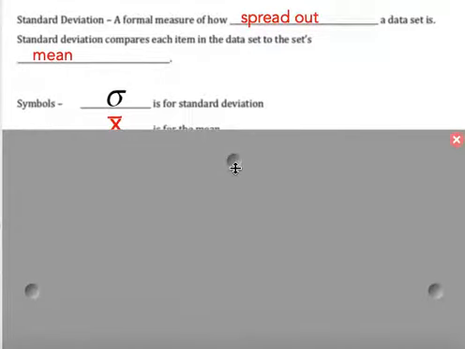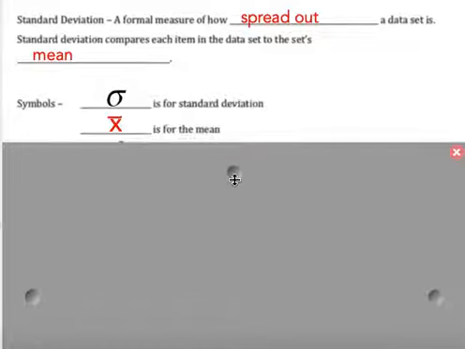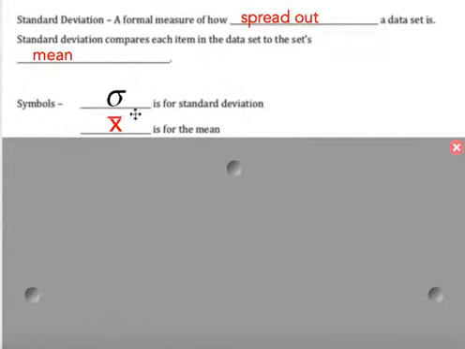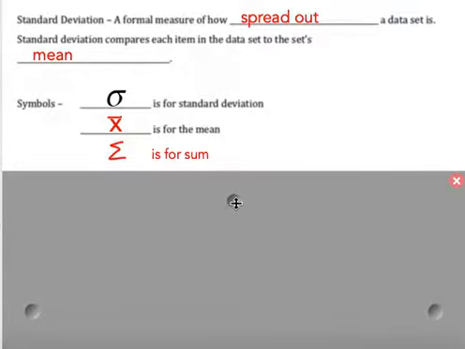I already introduced you to a couple of these symbols. X with the bar on top, x bar, is our symbol for mean. And also add this in, please. Underneath there is our zigzag-looking E, sigma, for sum or summation.